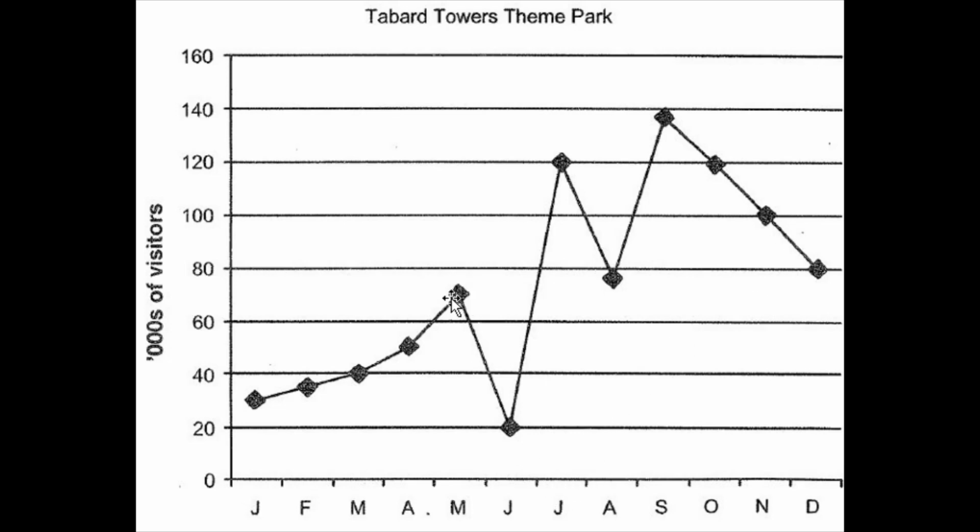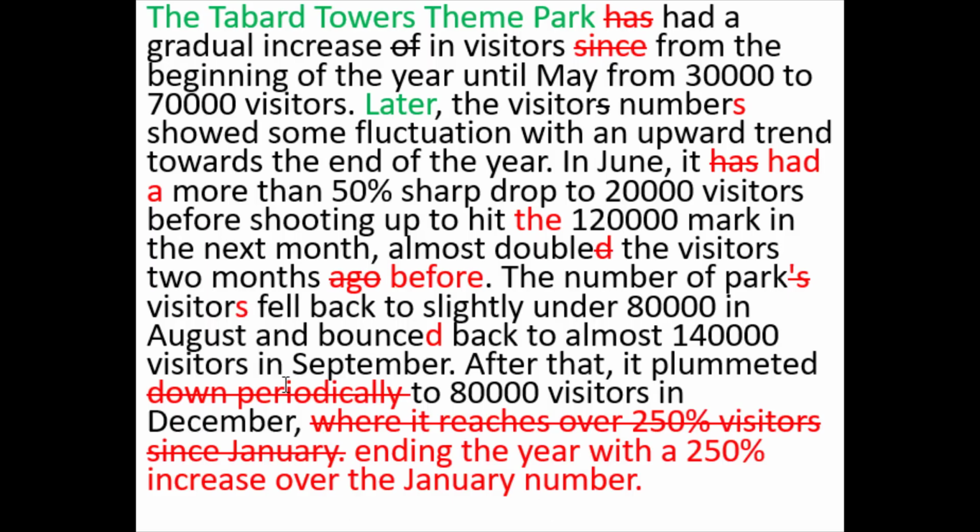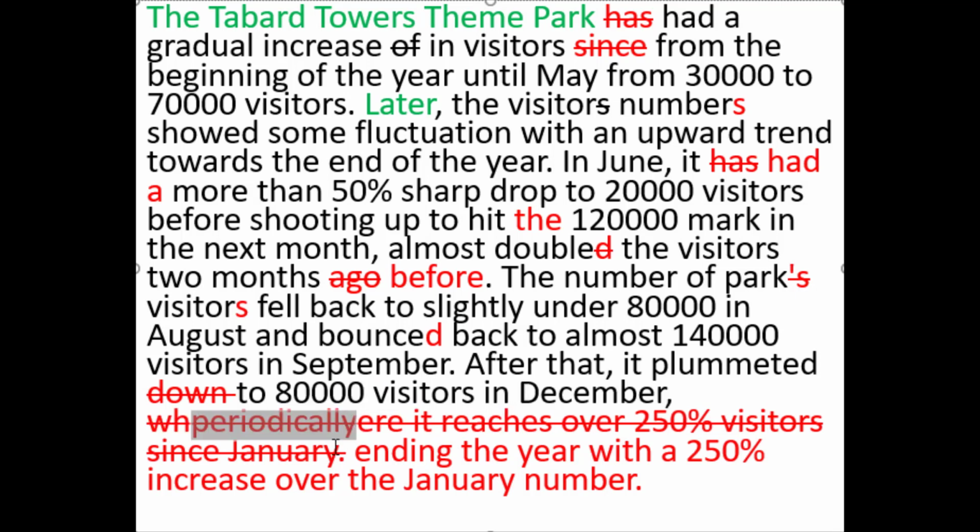If you want to use periodical, you could say between May and, what is this? Let's say between May and September, there were periodical declines, because there's a decline here and a decline here, but it doesn't always decline. So if it doesn't always decline, then the decline is periodical. But you shouldn't be using this word here, because there was a continuous decline, which is the opposite of periodical.